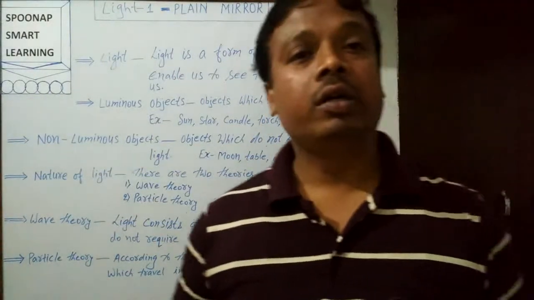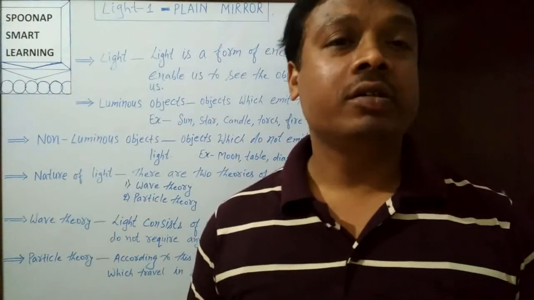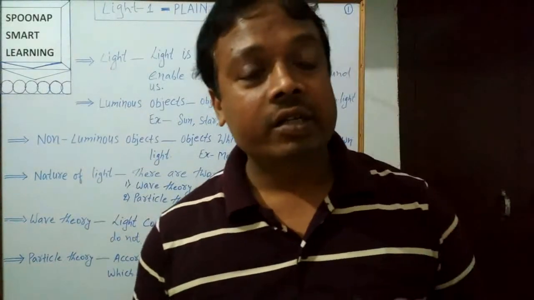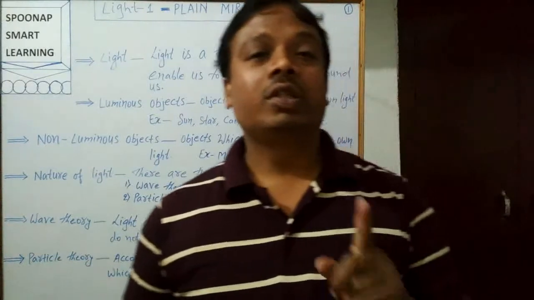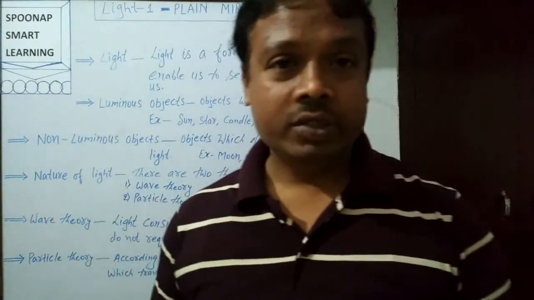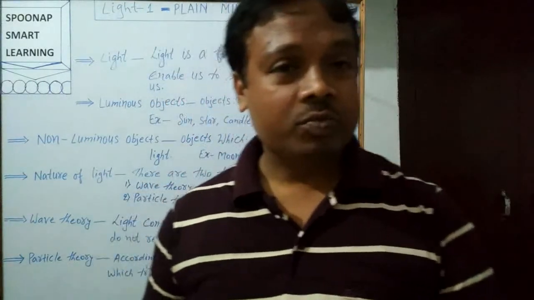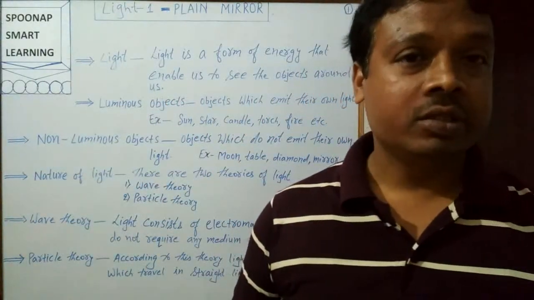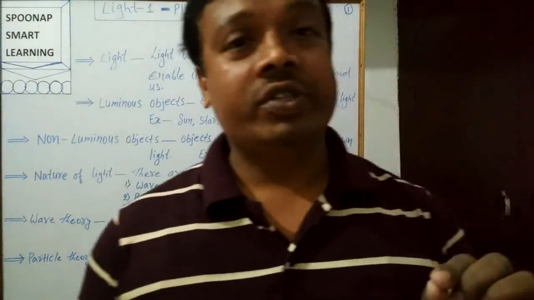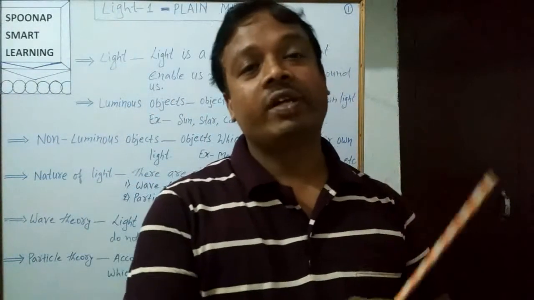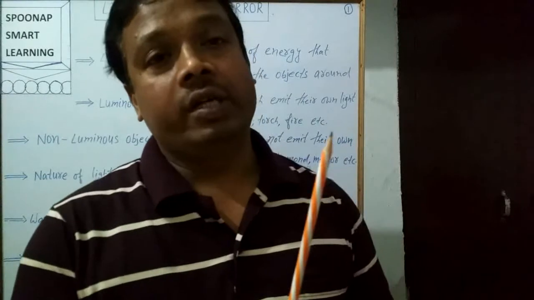Diamond. Of course, diamond shines. But why does it shine? It shines due to three factors. Number one, it is highly polished. Number two, its surface is smooth. And number three, it has cleavage at different angles that leads to multiple reflection of light.